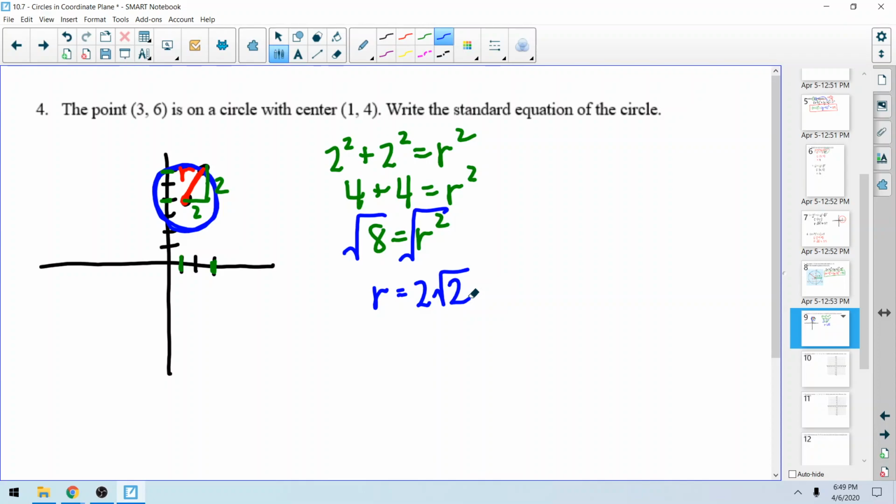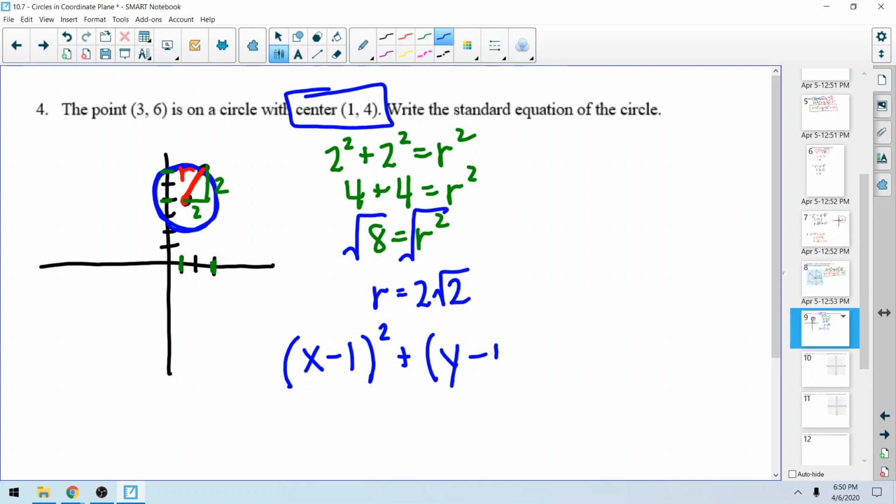Now that we know the radius and we know the center, we can stick that into our standard form. So standard form, x minus h, so (x - 1) squared, plus y minus k, so (y - 4) squared, equals r, notice I'm using parentheses, squared, and you better use parentheses.